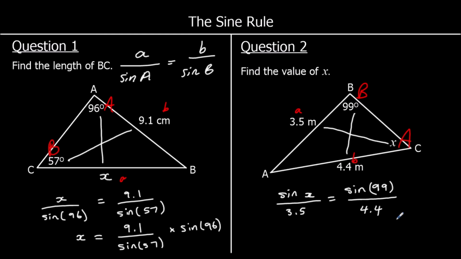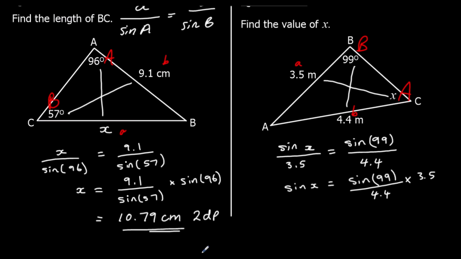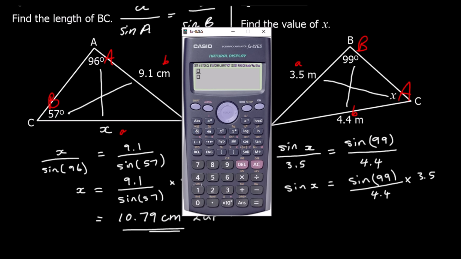We want sine x by itself, so let's multiply both sides by 3.5. So we can type that into the calculator to get our sine x. So sine 99 over 4.4 times 3.5 is 0.785 and so on.